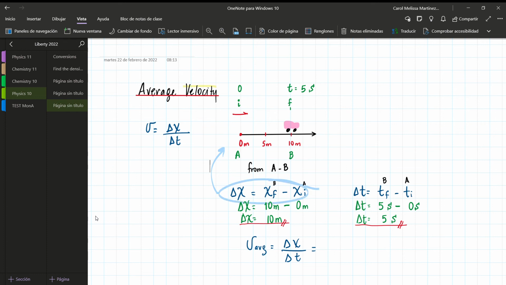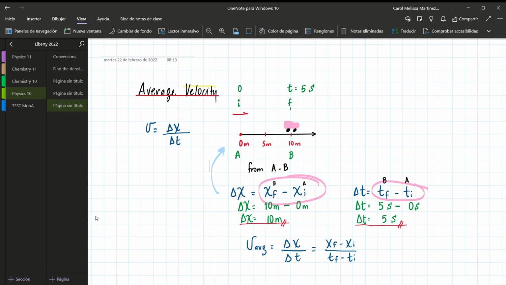So my formula gets transformed into x final minus x initial divided by t final minus t initial. I'm just placing here the formulas for delta t and delta x respectively. I'm just writing the equivalents for each definition of the formula.